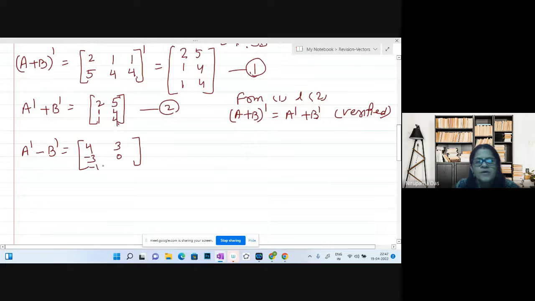So minus 1, minus 2. Now you can find A minus B, and its transpose.